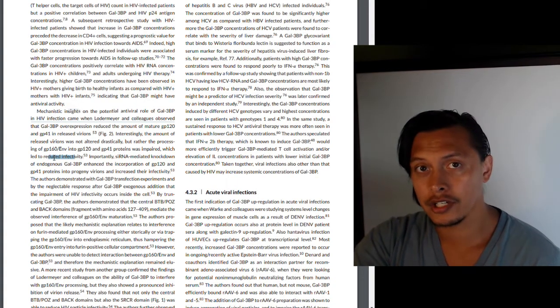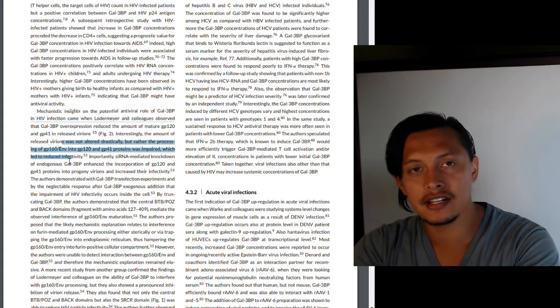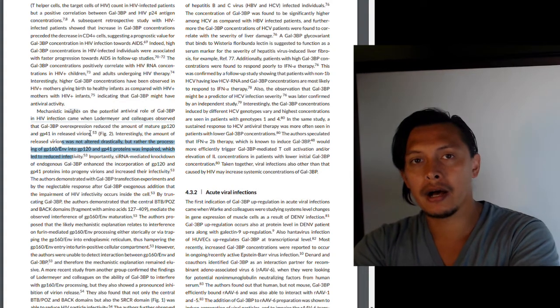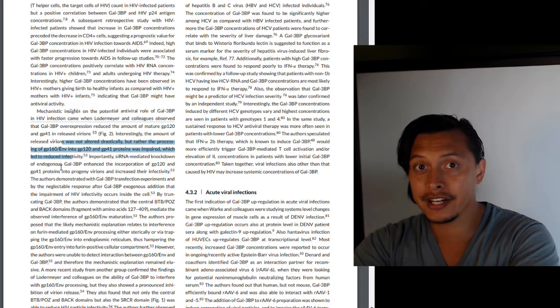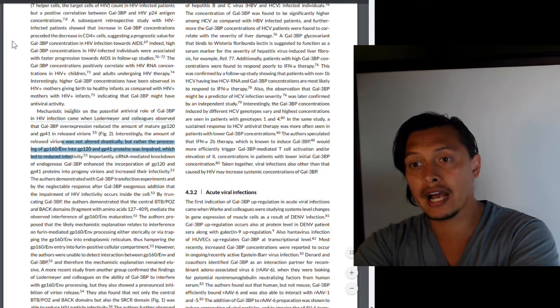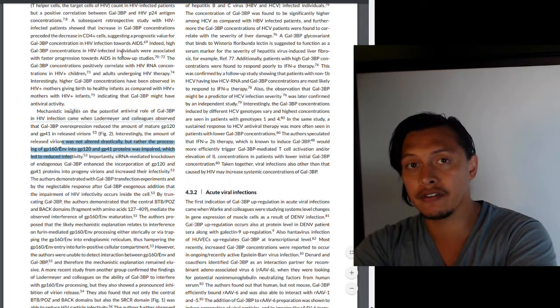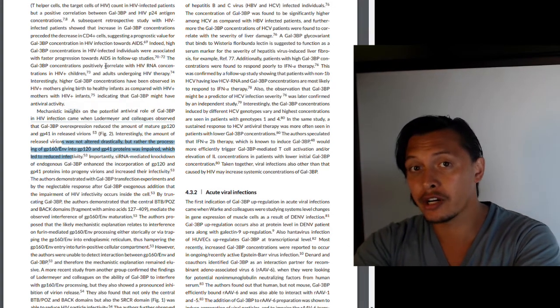And this also leads to reduced infectivity. So that means this is indicating that Gal3 binding protein is protecting us from viruses. So even though it's very highly expressed in the HIV patients that end up getting more serious diagnoses, it's actually because it's trying to protect you, not because it's causing it.